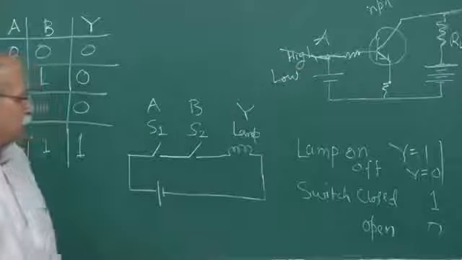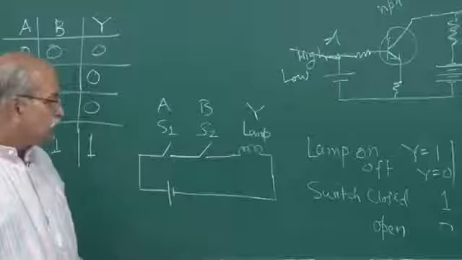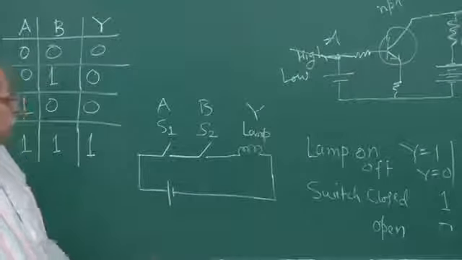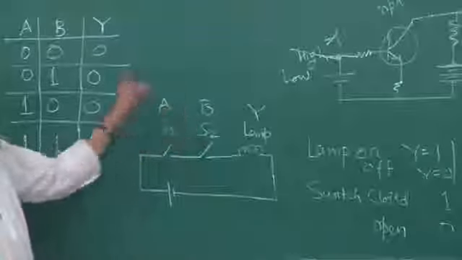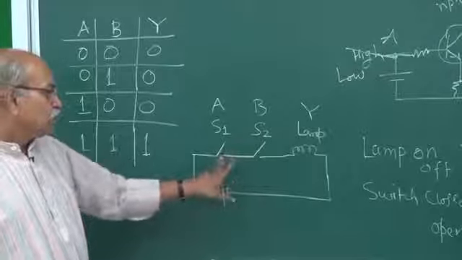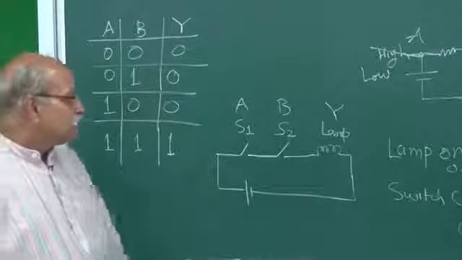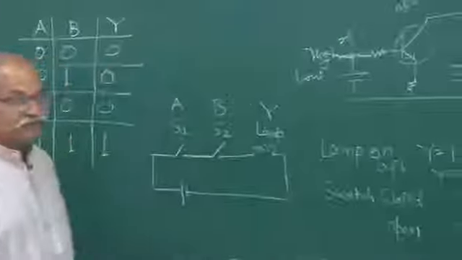So if you take this as the meaning of 1 and 0, then if A is 0 and B is 0, both switches are open, the lamp is not glowing, and you say that Y is equal to 0.